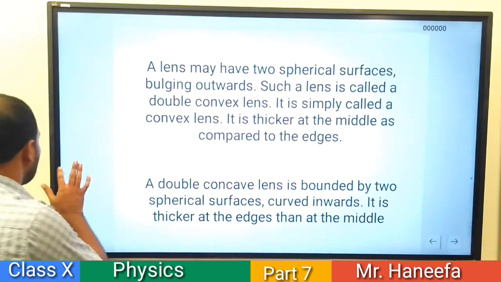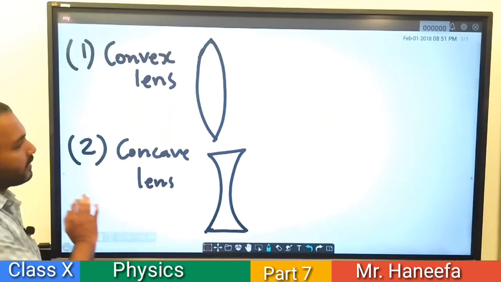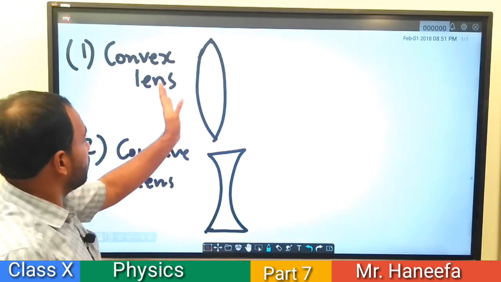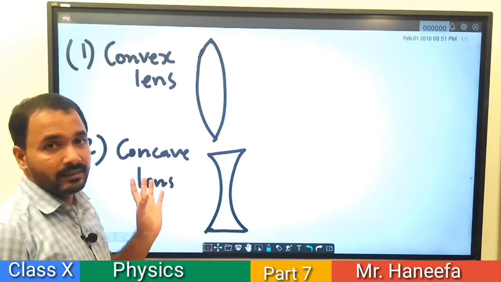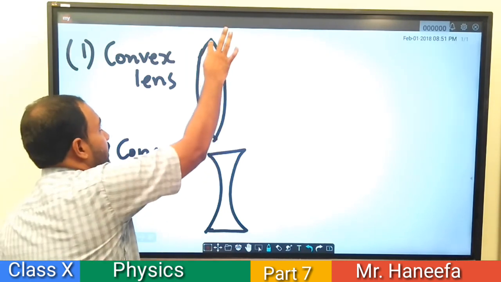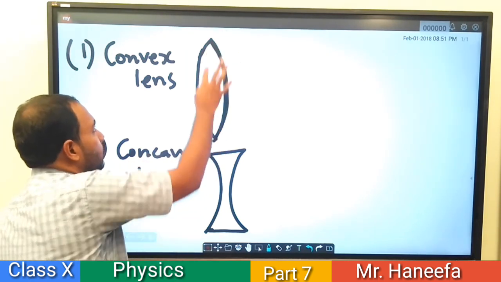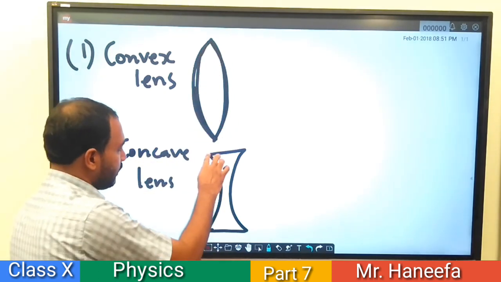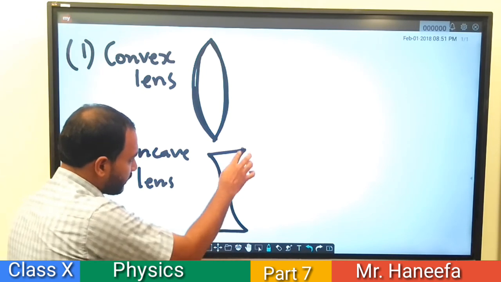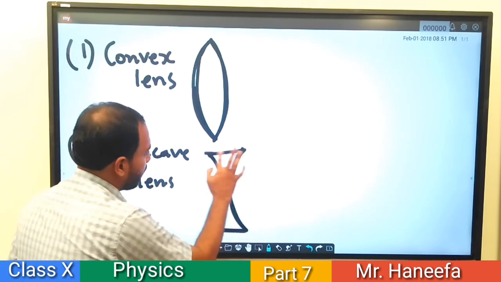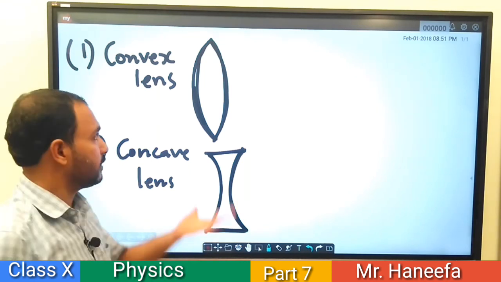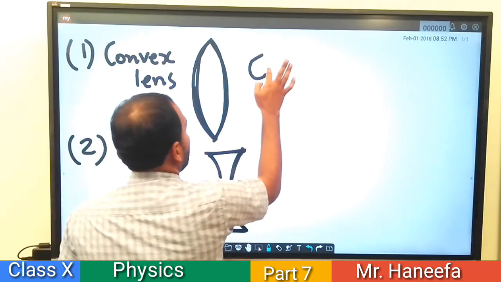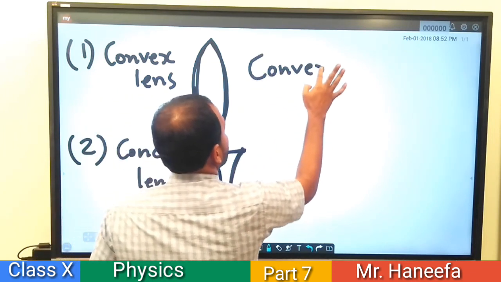So what is a convex lens? This is one convex lens. Here are two transparent surfaces, curved outwards. In the concave lens, the surfaces are curved inwards. The convex lens is also called a converging lens.